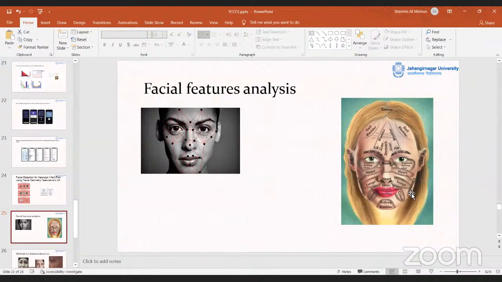So if we analyze the face and the features here, it will give us primary knowledge, and the clinical features are the ground truth values to analyze.